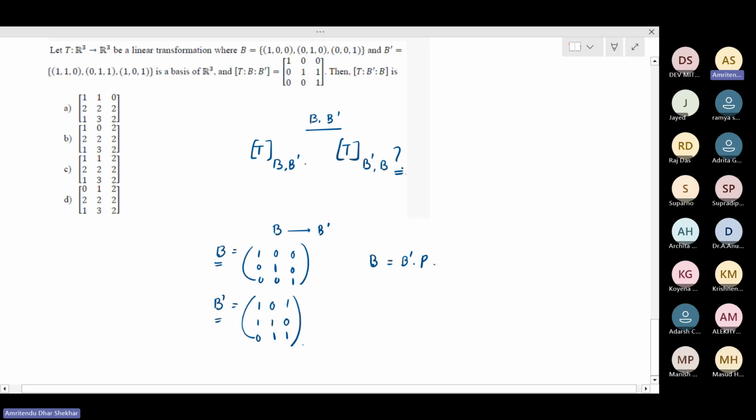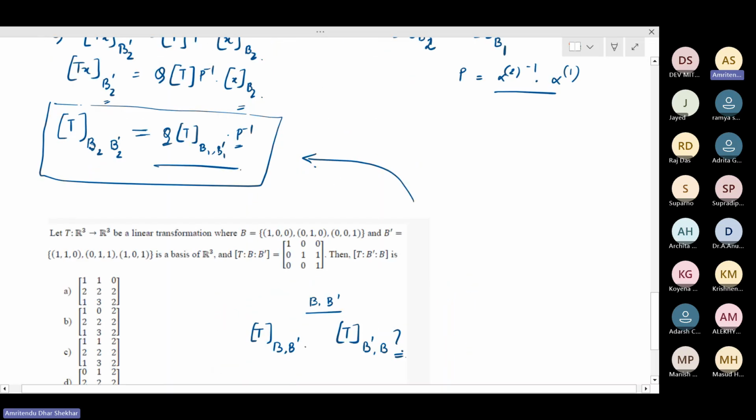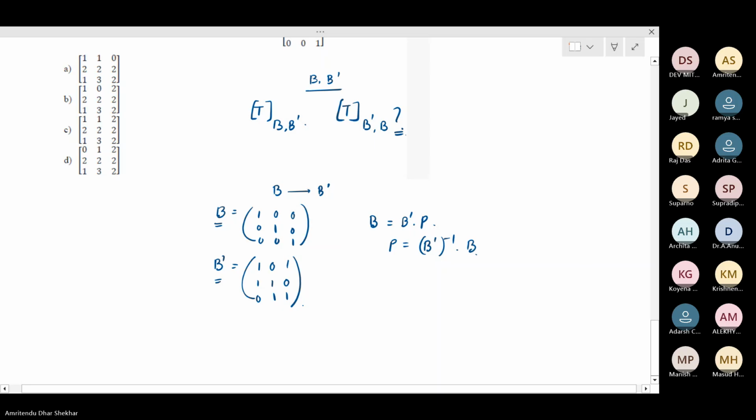So your P is basically equal to B prime inverse times B. Okay, where B is just the identity matrix, so it's just equal to B prime inverse. Okay. So that is going to be your P, or your P inverse is just going to be equal to B prime itself.